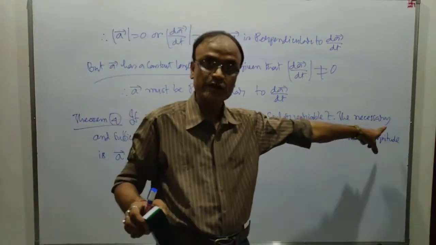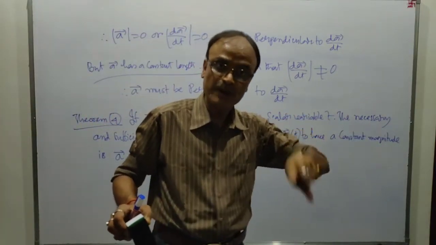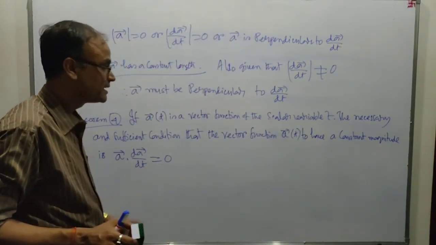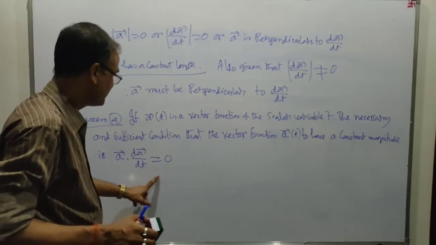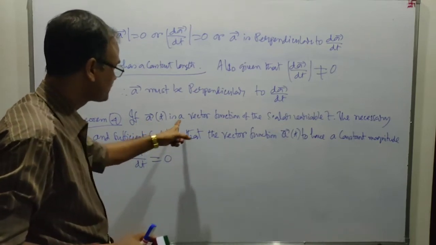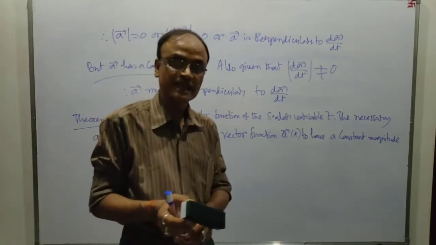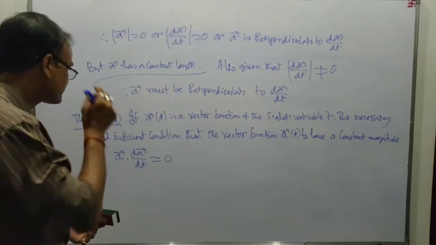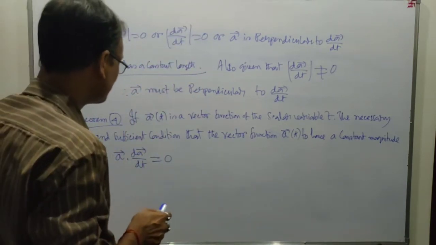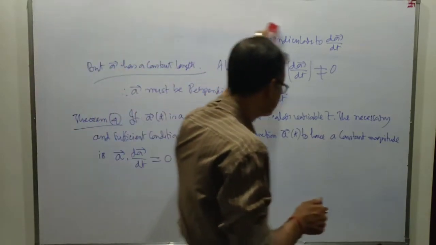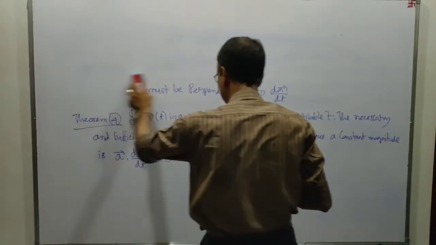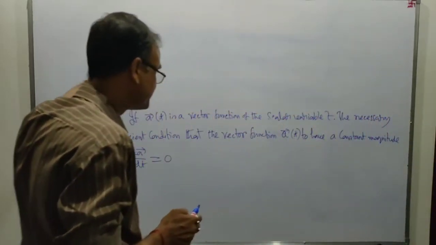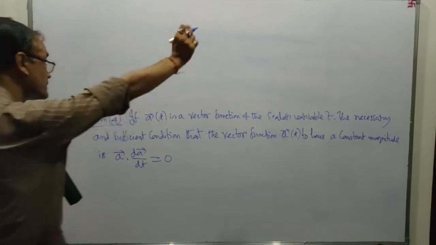The necessary and sufficient condition means that, conversely, if you suppose that A vector dot dA vector by dt equals 0, then the vector A of T must have a constant magnitude. Let us try to prove this. Proof.